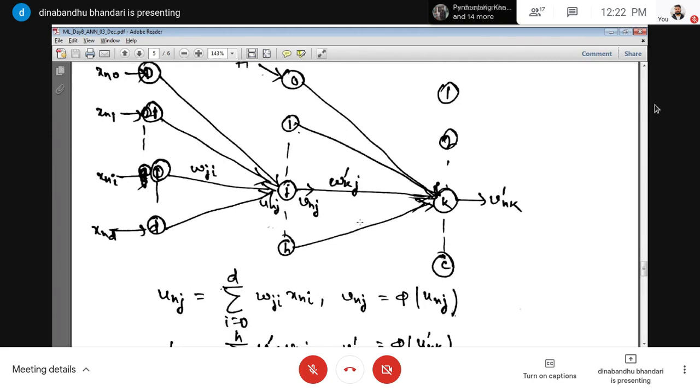The rule is that if the number of training samples is capital N, the total number of parameters should be N by 10. Or the other way around, if you have D parameters, the number of training samples should be greater than 10D.